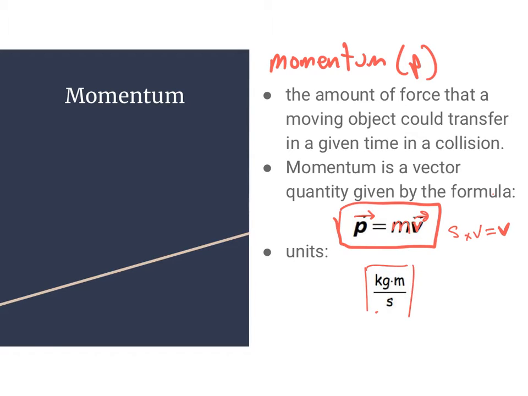It's simply the combination of all of our fundamental units. So the units for momentum are kilograms times meters per second. And that's reflected from our equation mass times velocity, where kilograms are our units for mass, and then meters per second are our units for velocity.